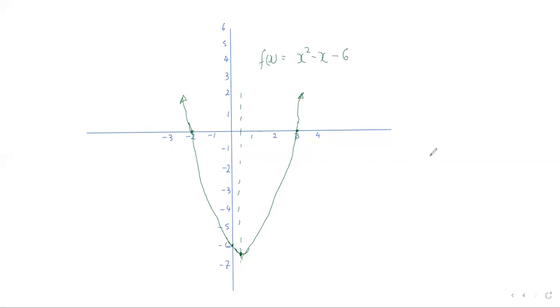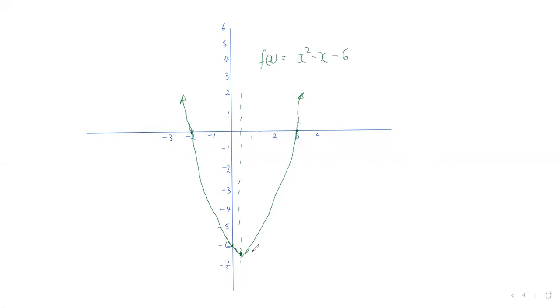That is drawing the parabola given the equation or the function in the form of ax squared plus bx plus c. You follow the first 4 steps and plot the graph.